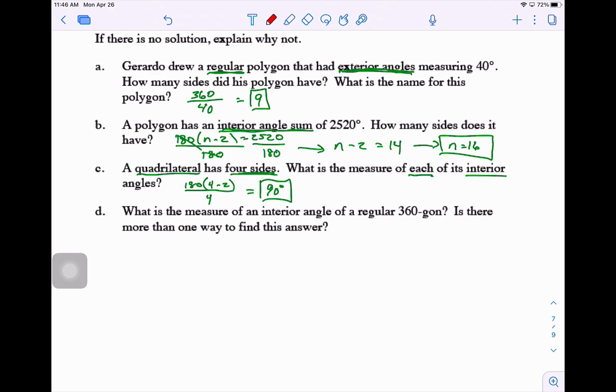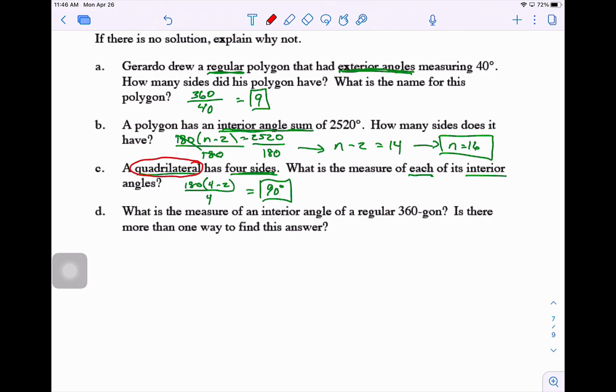I'll give you a hint. What's wrong with what I did? It's very, very subtle, but it's very important, which is why this is in here. What word is missing?